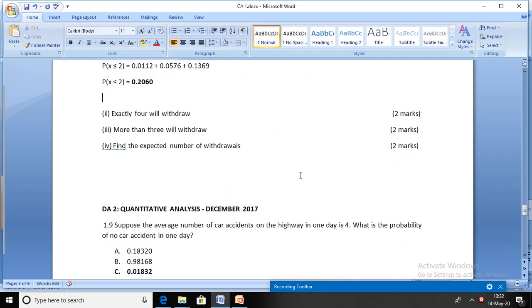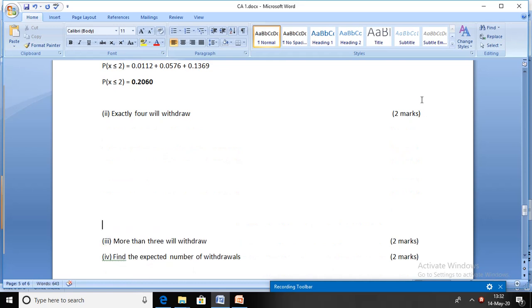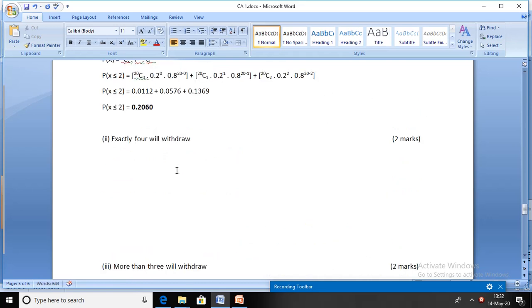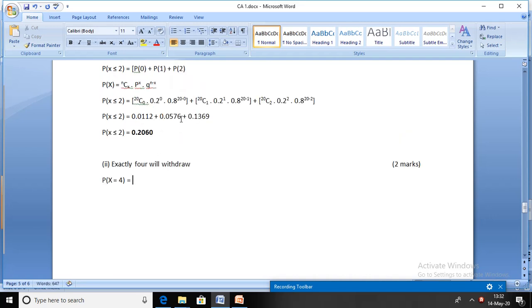Part 2 of the question: find the probability that exactly 4 will withdraw. Probability of x equals 4. We use the same formula for the binomial.